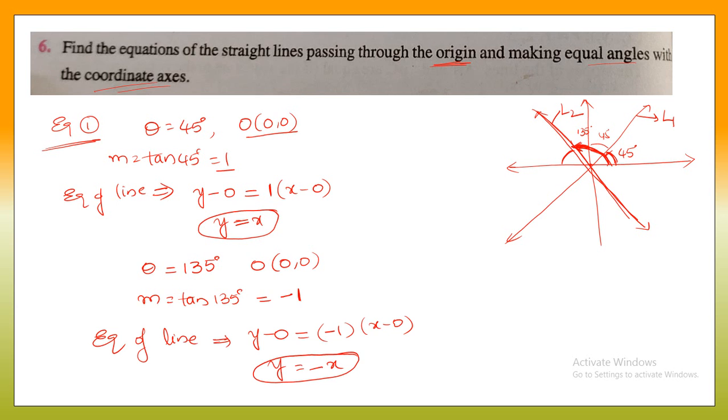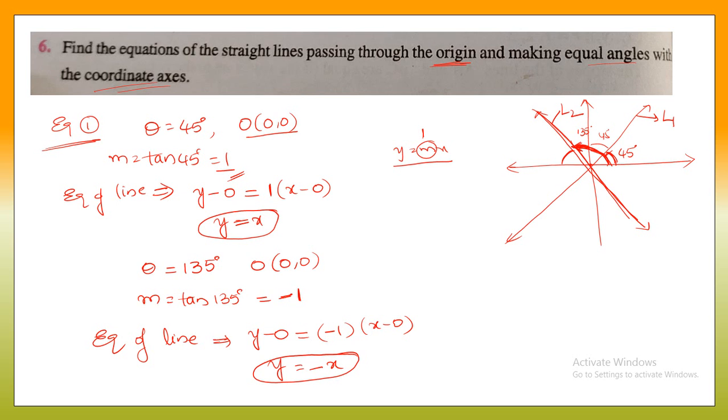Since it is passing through the origin, we can take y is equal to mx, right? For the first situation, if I apply y is equal to mx, instead of m, 1 is coming, so clearly y is equal to x. Next, in the second situation, m is equal to minus 1, so we get y is equal to minus x, right?